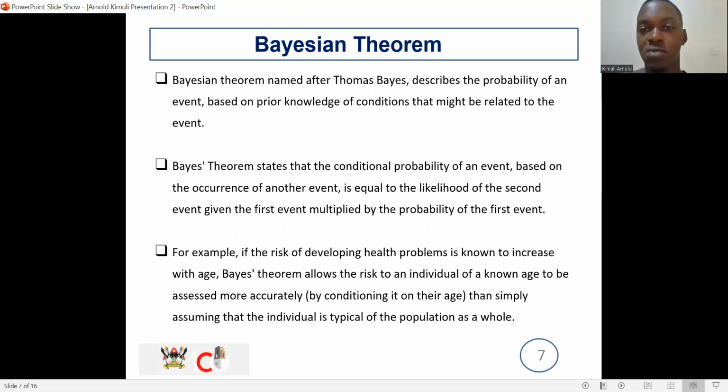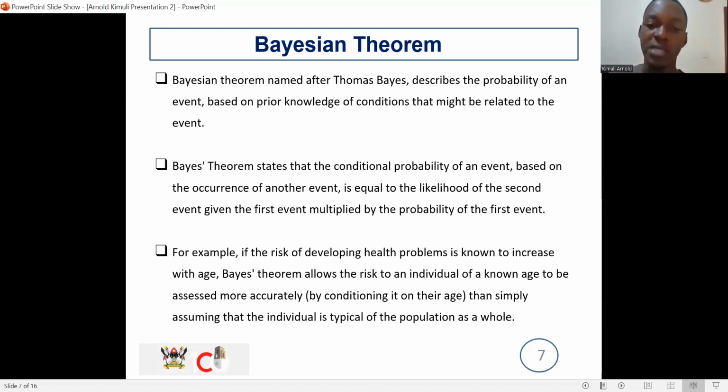Bayesian theorem was named after an Englishman called Thomas Bayes. It describes the probability of an event based on prior knowledge of conditions that might be related to the event. Then I give you an example, which is the interesting part.